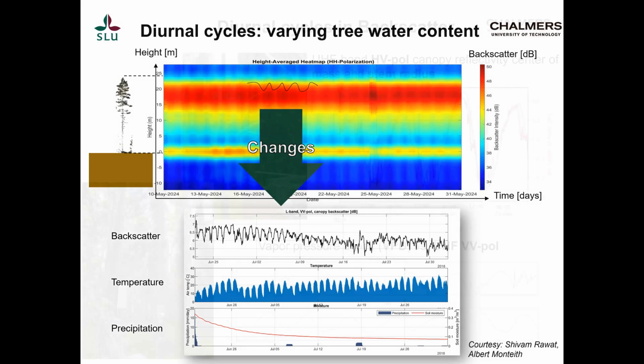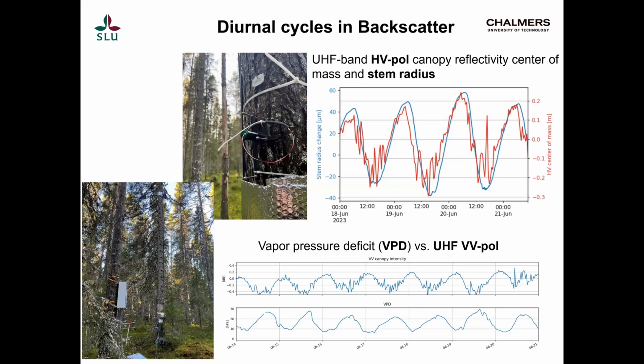So with this tower, we can measure a lot of different wavelengths, but if we look specifically at the UHF band, which is in between the L and the P band, we can see how this trend is correlating very well with the stem radius as quantified by the dendrometers. We can also see how it is negatively correlated with the vapor pressure deficit that we have also quantified.